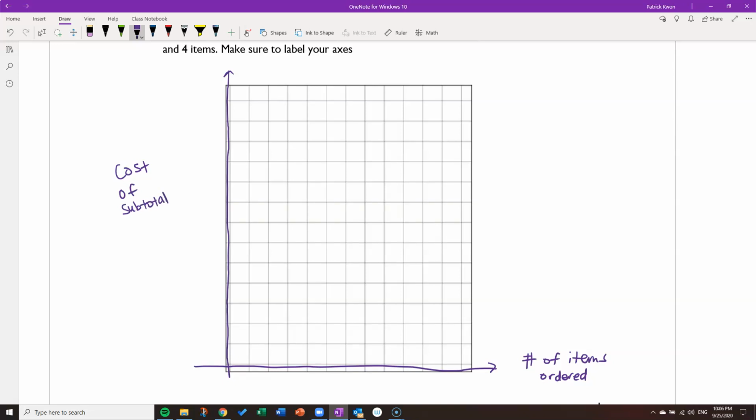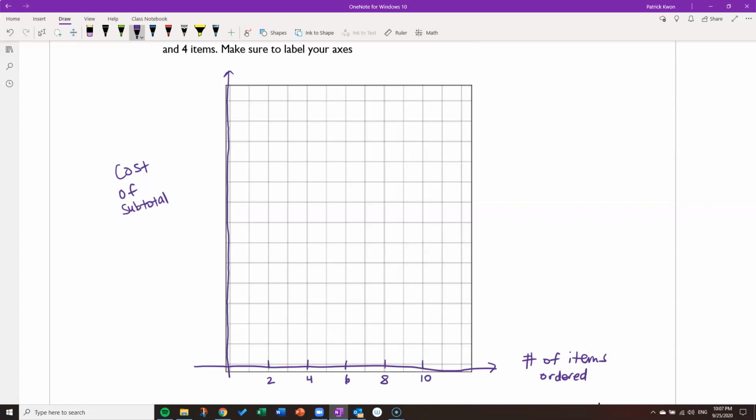And so here I'm going to indicate that each tick mark represents one item. So maybe I'll put 2, 4, 6, 8, 10, and so on and so forth.